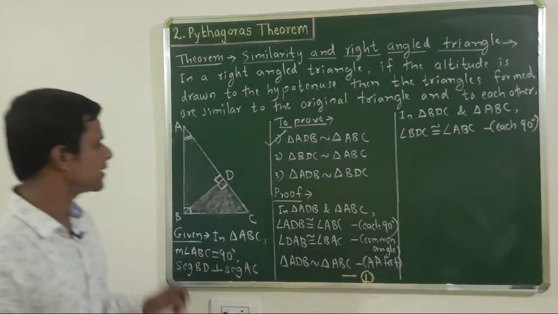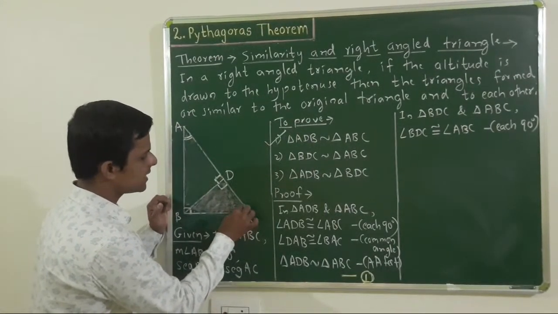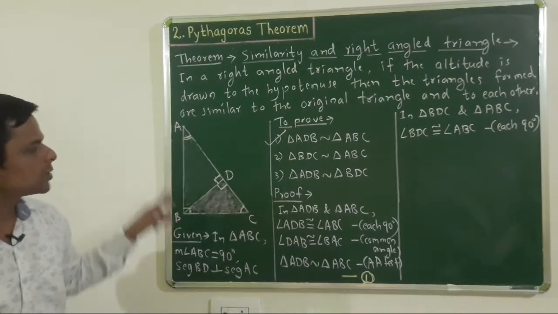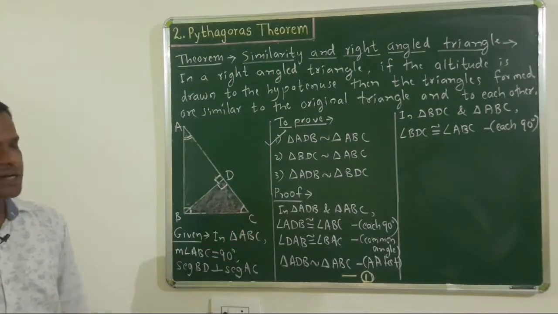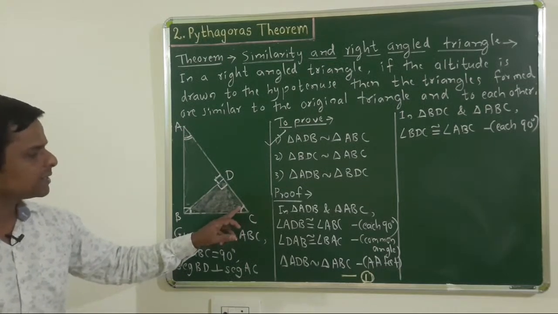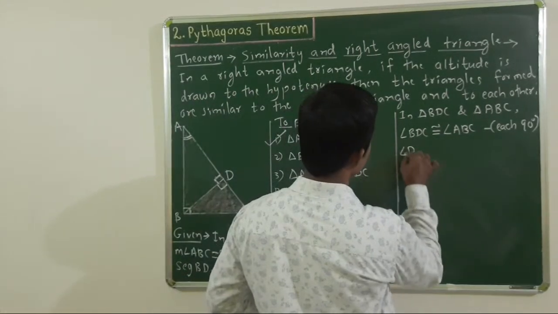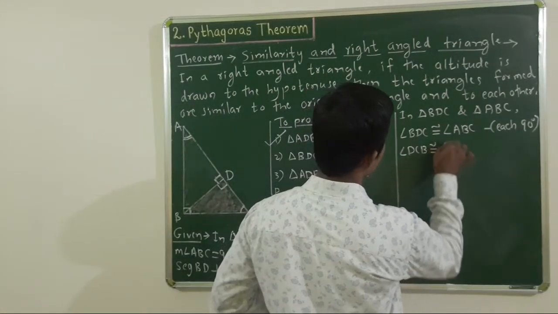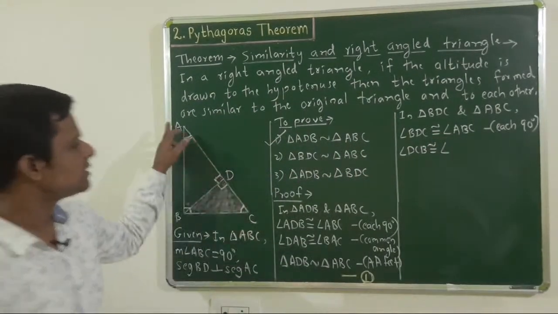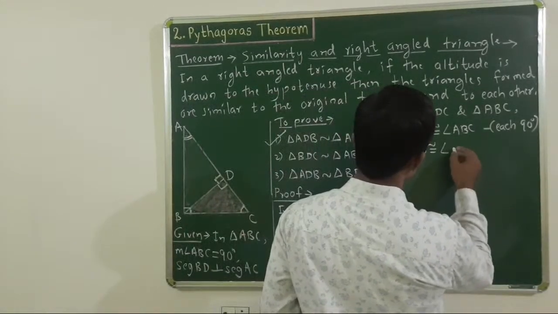We'll get one more pair here. Now observe this angle, angle C, which is an angle of this triangle and of this bigger triangle also, but the names are different. For the smaller triangle, the name of this angle will be DCB. Angle DCB is congruent to angle BCA for the bigger triangle, with C in the middle.